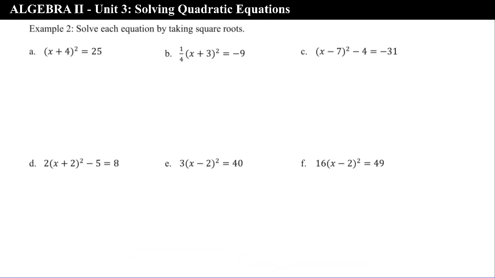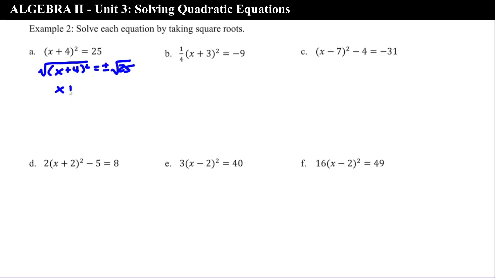So let's start with example A. We have the quantity x plus 4, quantity squared, equals 25. All we have to do is take the square root of each side, since the square is already isolated by itself. Okay? So you take the square root of each side.